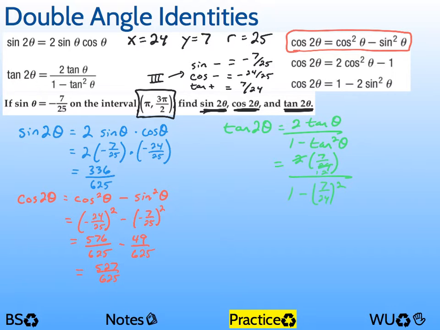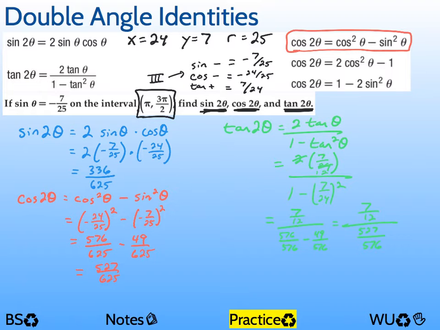Down here we're going to have to square that. So we're going to end up with 7 over 12 on top, and on the bottom, I'm going to change that 1 to 576 over 576 for the purpose of this, because we'll end up with minus 49 over 576. That, of course, equals 7 over 12, all over 527 over 576, since 576 minus 49 is 527. Now, let's see if 576 and 12 can be reduced further.